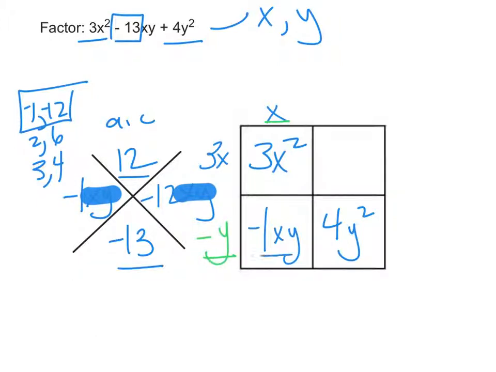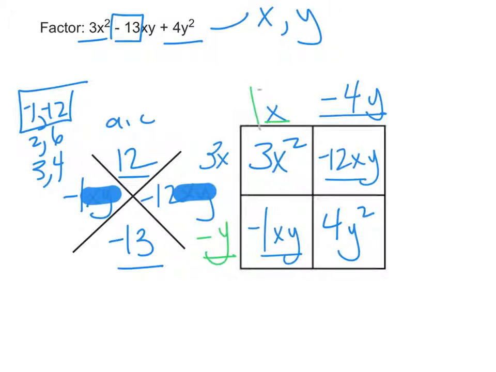And if I put negative 1xy here, that leaves me with negative 12xy to go here. And 3x times what gives me negative 12xy? That's going to be negative 4y. 3x times negative 4y gives me negative 12xy.